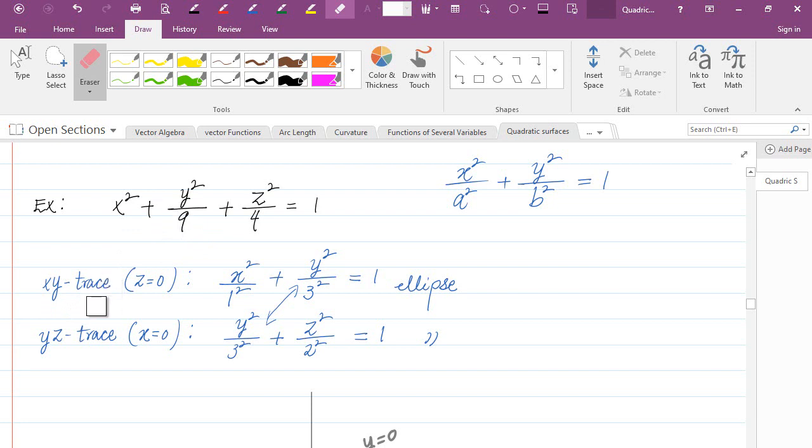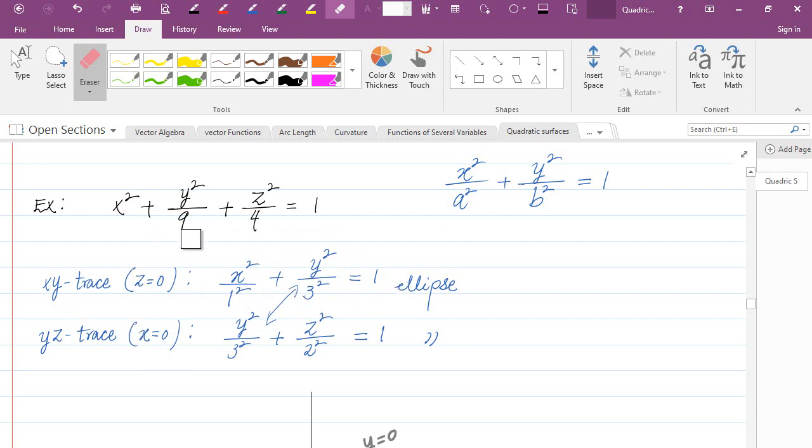The equation for the xy plane is z equals 0. So to find the trace in this plane, we just plug in 0 for z. If we do that, we get x squared plus y squared over 9 is equal to 1, which I can write in this way. This is obviously the equation of an ellipse, and so the trace in the xy plane is an ellipse.